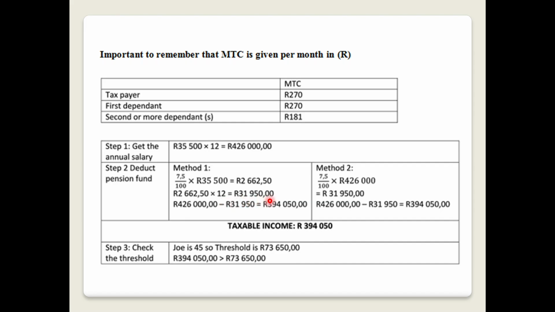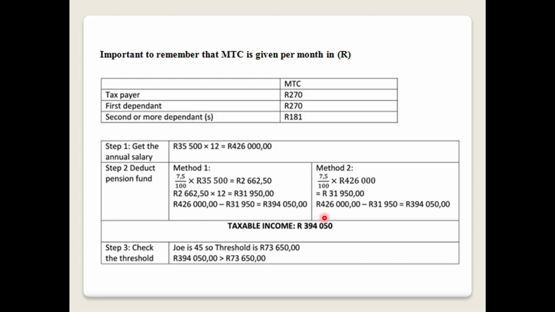Now, remember, he's going to get a little bit of tax relief, so we are allowed to deduct that from his salary. What we did in method 1 is I worked out 7.5% of the monthly salary. That was the amount, which is why I multiplied it by 12.